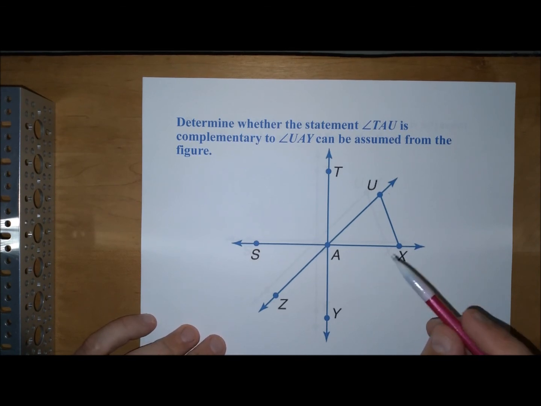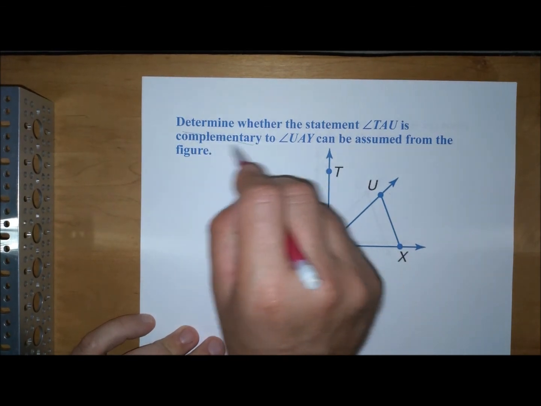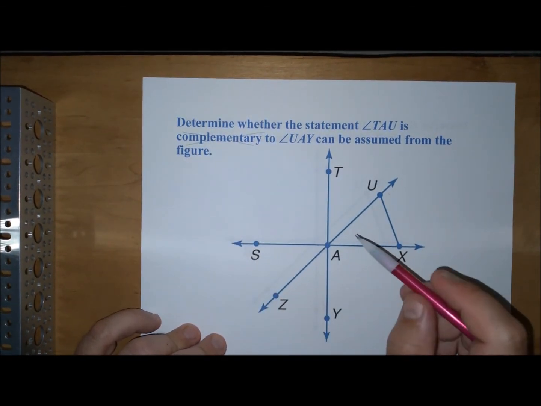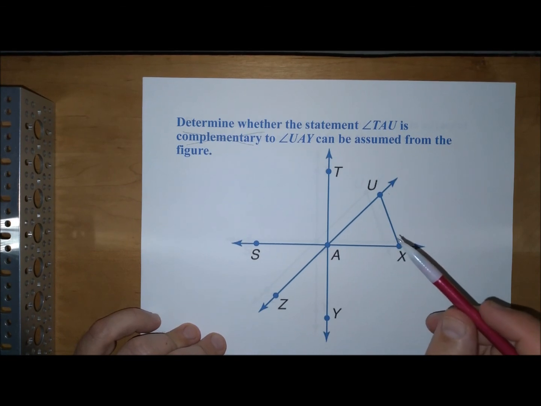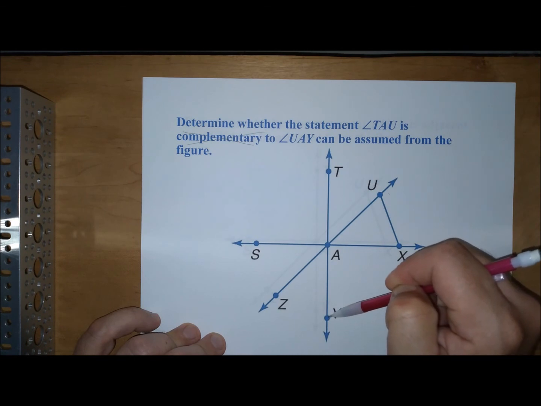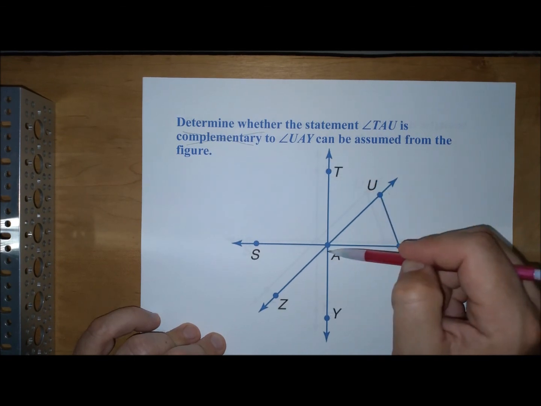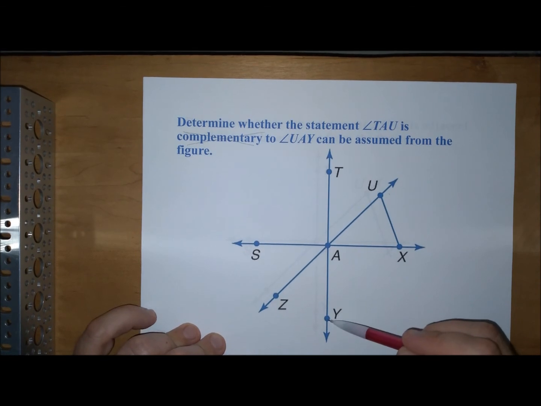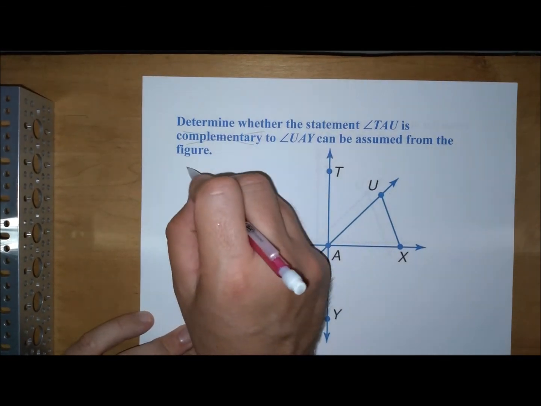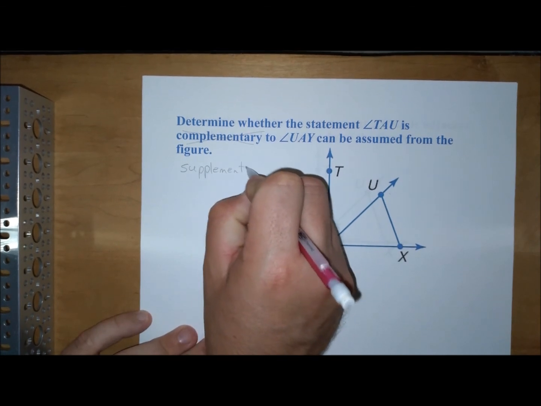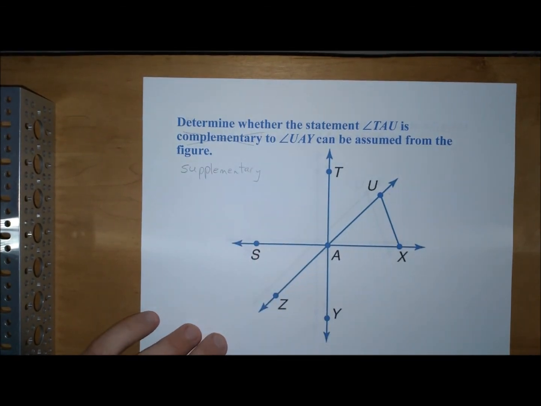I think it's a trick question. But I can't assume they're complementary. In fact, I can be confident that they're not, because I can assume T, A, and Y are collinear, so I can go ahead and assume that they're supplementary. And if they're supplementary, they're definitely not complementary. They can't be both, right?